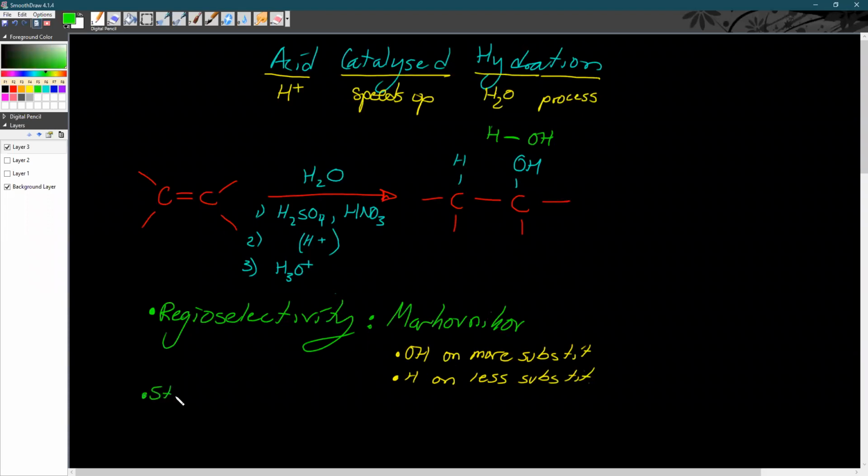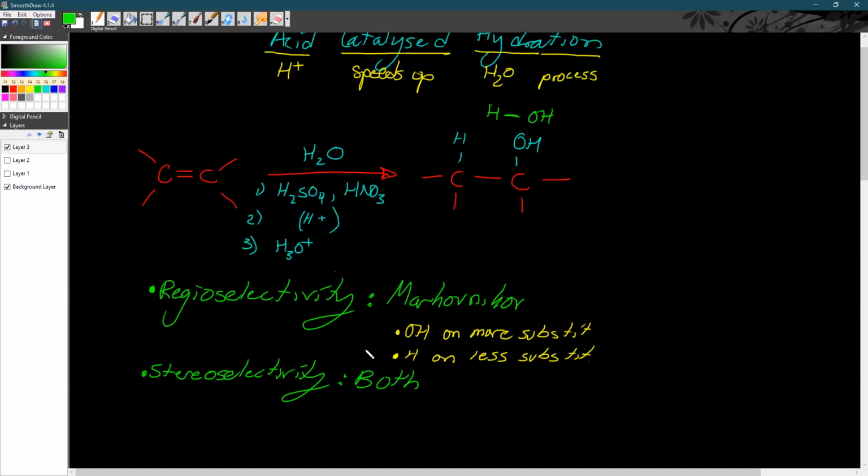The stereoselectivity is, again, both. Okay. So it does not matter if it's on the wedge, the dash, wedge dash, wedge wedge, dash dash. It does not matter. So the stereoselectivity is not hindered at all.